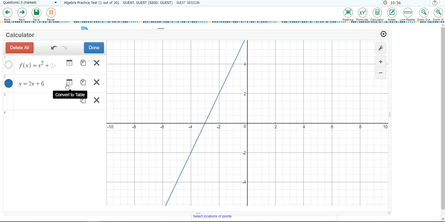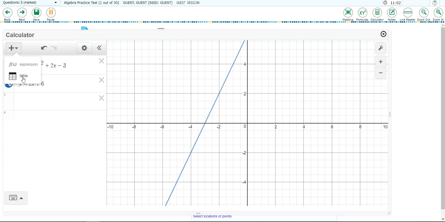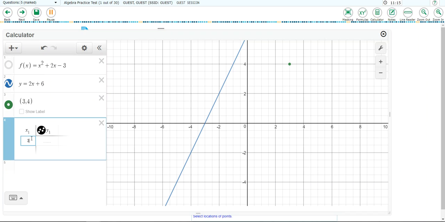Or if I'm plotting a bunch of points on the graph, I can actually make them as a table instead of individual points. 3, 4 would look like this, but I could make them into a table and put 3 and then 4 and then 3, 5.